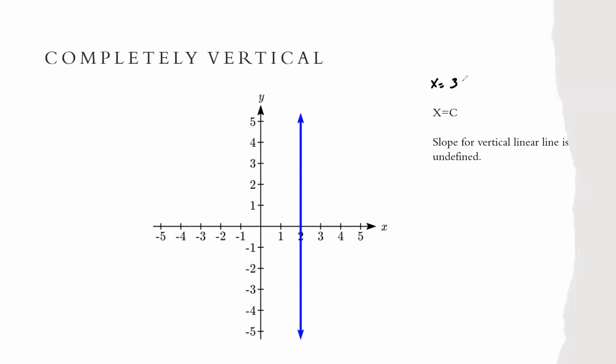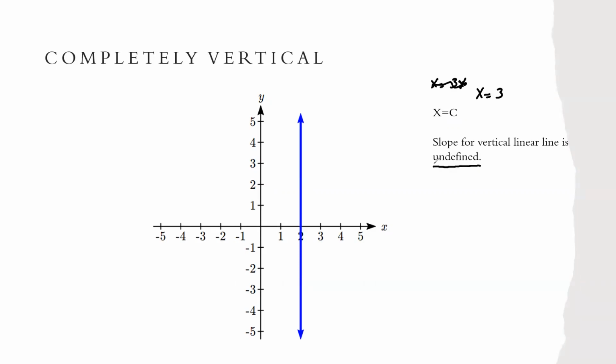It cannot be x equals 3y or 3x, right? It just has to be x equals a constant. And just note, for right now, the slope for a vertical linear line is undefined. We'll go over slopes in a different lesson, but right now I just want you to know that the slope for a vertical line is undefined.